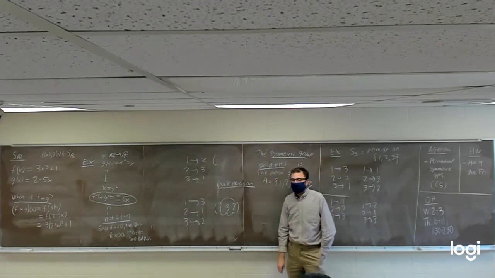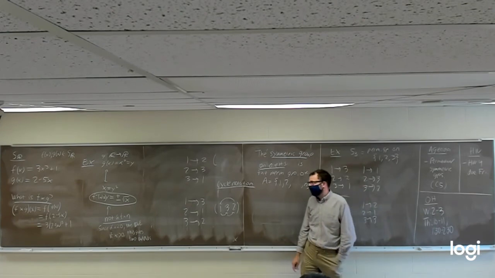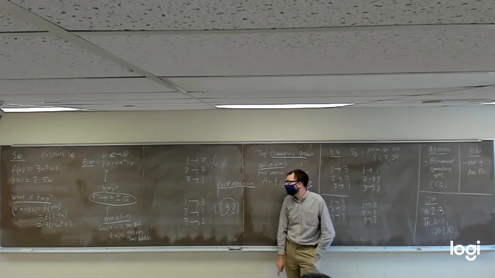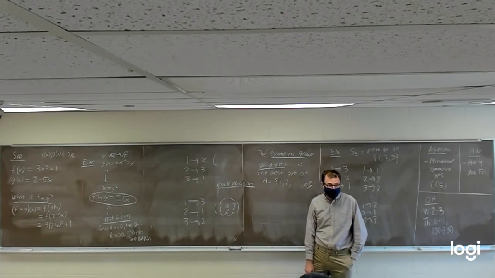What would the cycle notation look like for this top one here on the left-hand board? The function that maps 1 to 2, 2 to 3, 3 to 1. How could we write that in cycle notation? Doesn't it map 1 to 2? It does map 1 to 2.